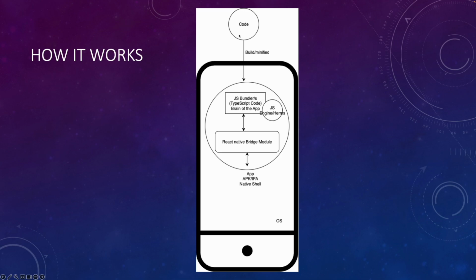So what happens simply is, when you write JSX code, it actually gets built and minified into a file or a bundle, one bundle or multiple bundles, and it gets wrapped with the native container or shell, which is an APK for Android or an IPA file for iOS. It contains the JavaScript bundle, that is your JS code, along with the engine that is supposed to execute the JavaScript bundle, and of course the native bridge.